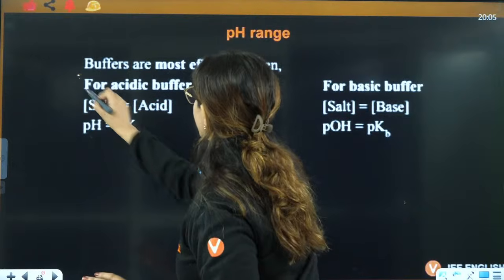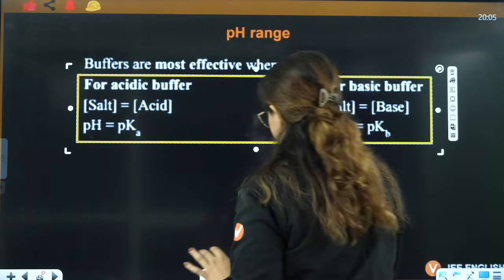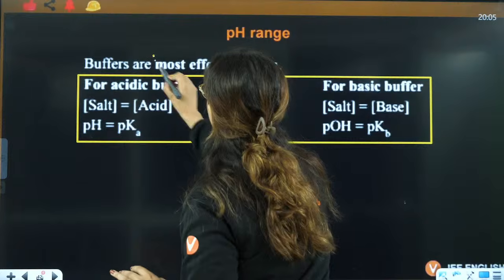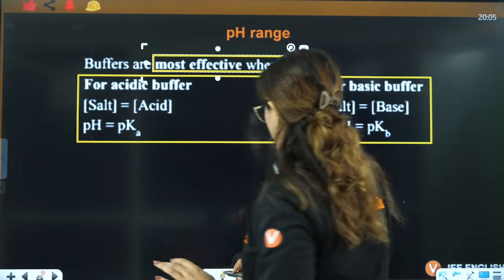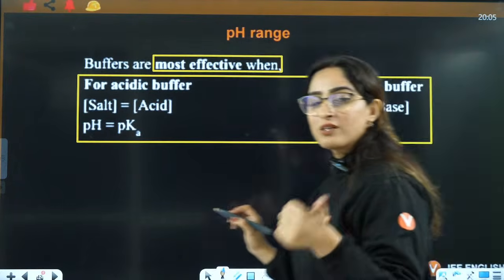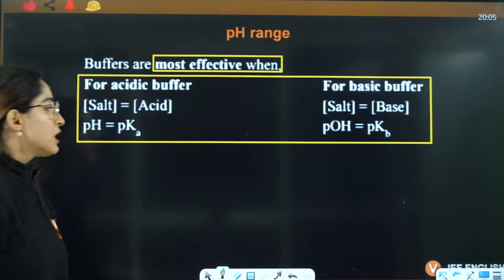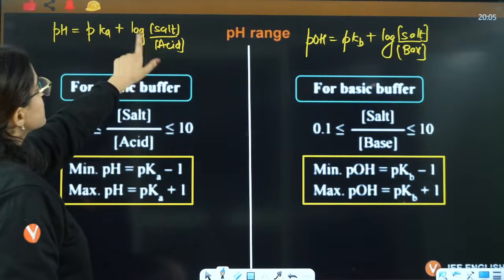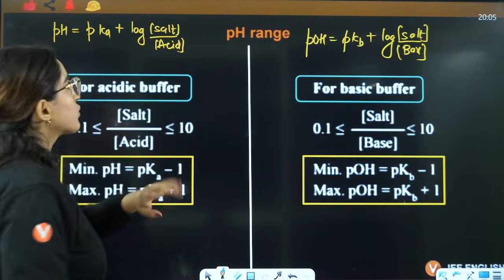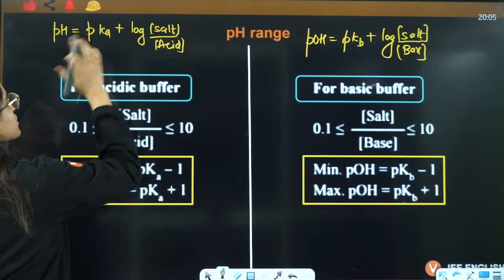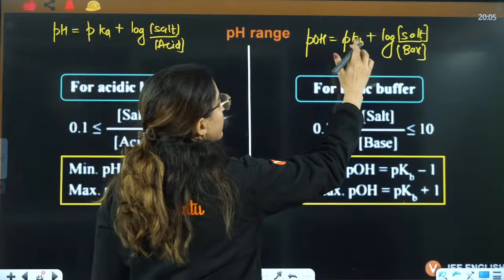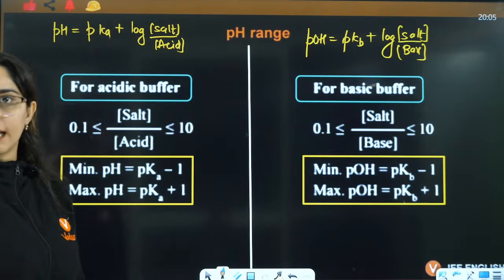Buffers are most effective in these two conditions, where the concentration of acid and base is equal to 1. Now when this ratio is 1, log of 1 is nothing but 0. So this will be cancelled. pH is equal to pKa, and this will become pOH is equal to pKb. Right? Okay.